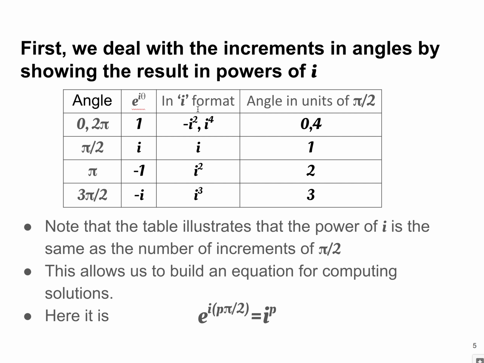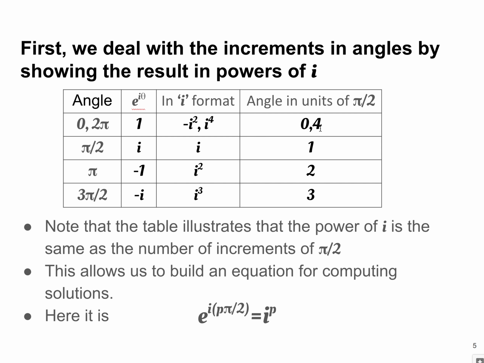So it turns out that not only do our trigonometric functions repeat, but the representation of the result of e to the I theta also repeats this cycle where you have I to the 4th, I squared, I cubed, and you're back to I to the 4th. And this also compares with expressing these angles in units of pi over 2.